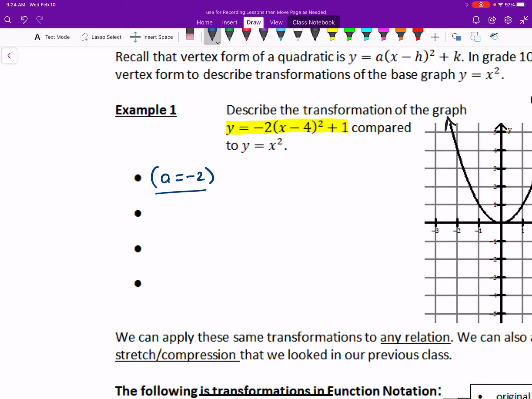Well, it tells us that it's reflected in the x-axis, a vertical reflection. That's what the negative part tells me. And the 2 part tells me that it's vertically stretched by 2.